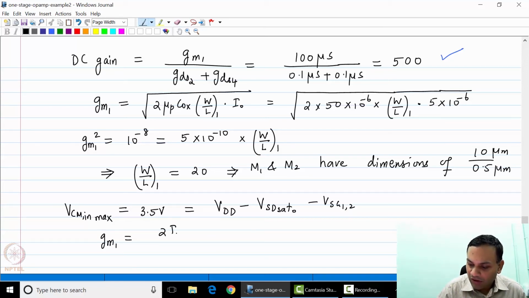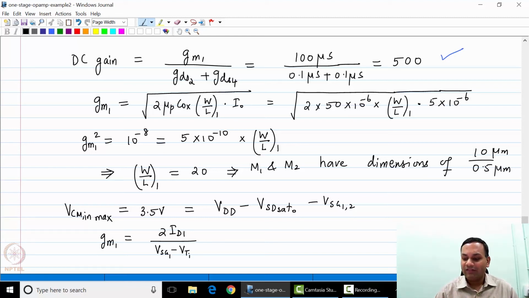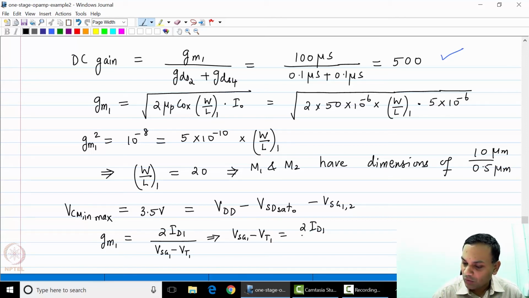GM1 is 2ID1 over VSG1 minus VT1. So let us calculate it from this expression. This means that VSG1 minus VT1 is 2ID1 over GM1.